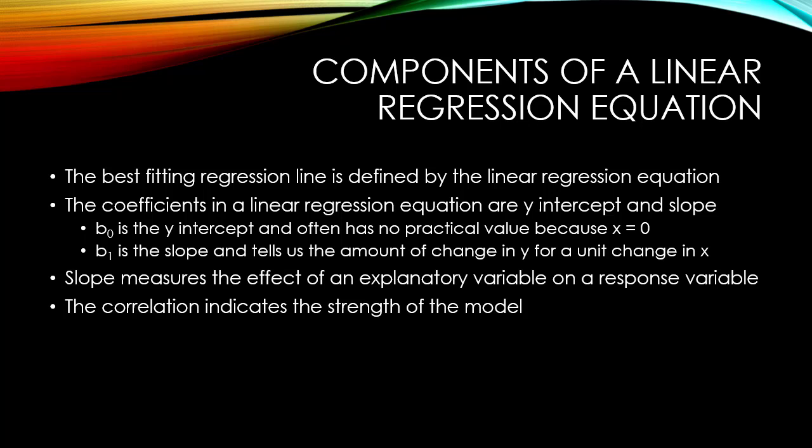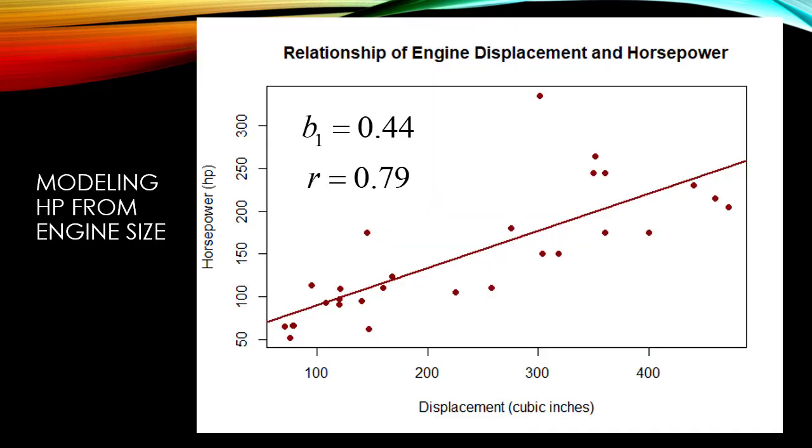The correlation indicates the strength of the model. What we see with this graph and with these statistics is that for every 100 cubic inch increase in engine size, we expect 44 more horsepower.